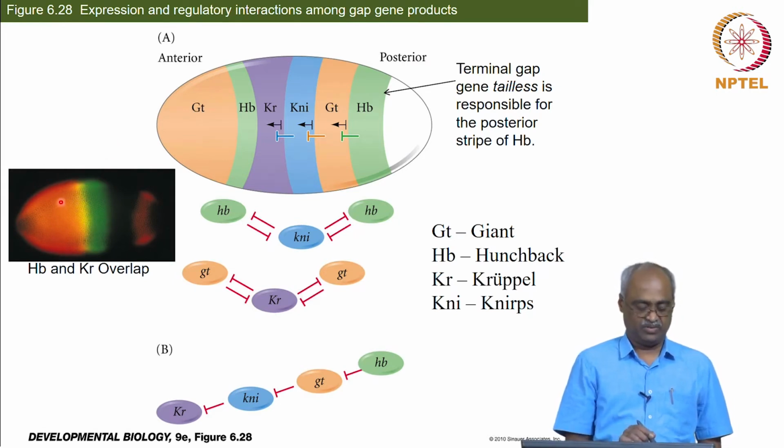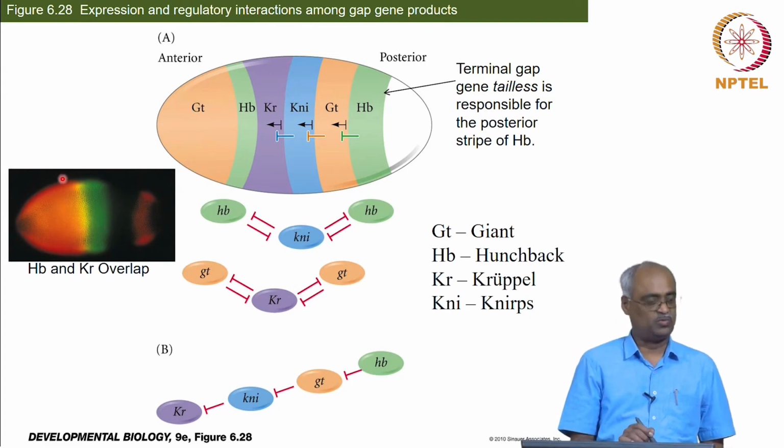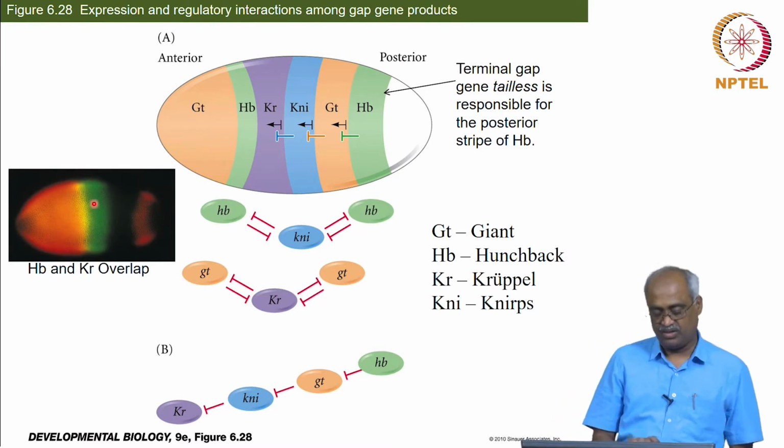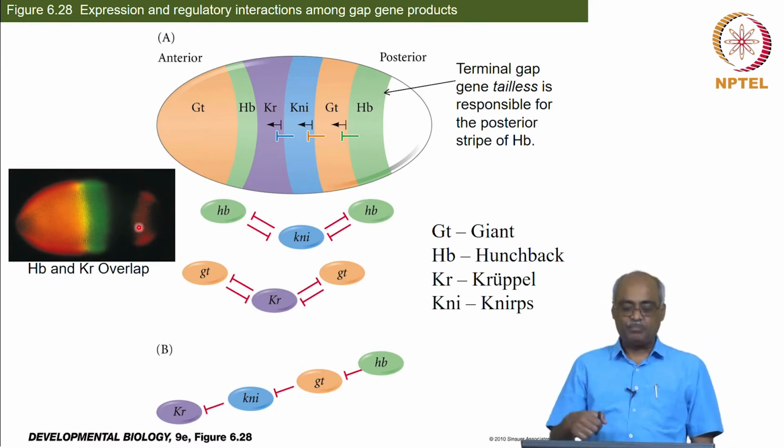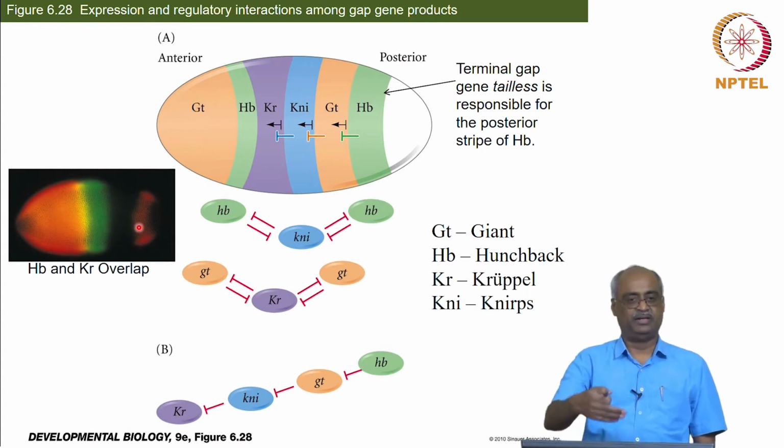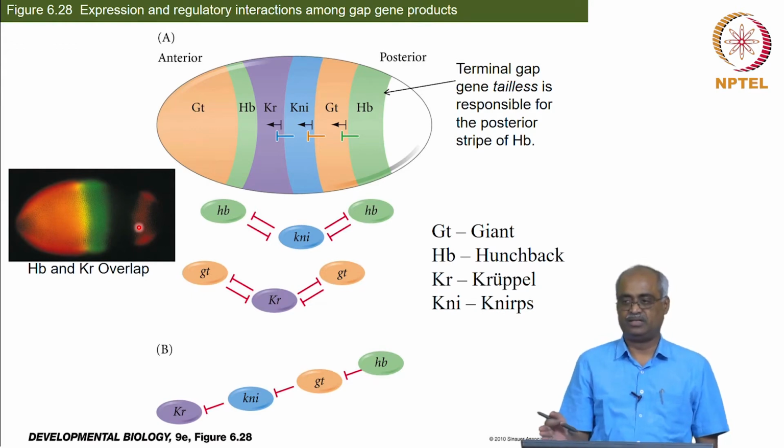It has some amount of hunchback and some amount of Krüppel, and that is not the case with the adjacent ones. This is only hunchback, this is only Krüppel, and such combinations and concentrations determine what pair rule genes are going to be expressed in a given region of the embryo along the anterior to posterior axis.